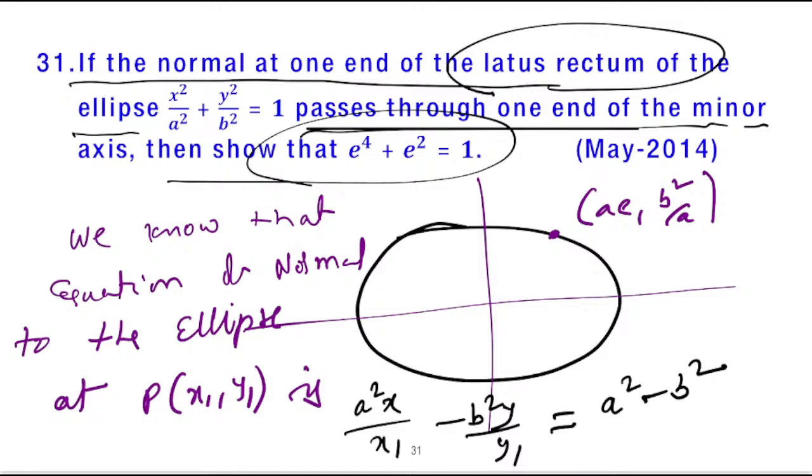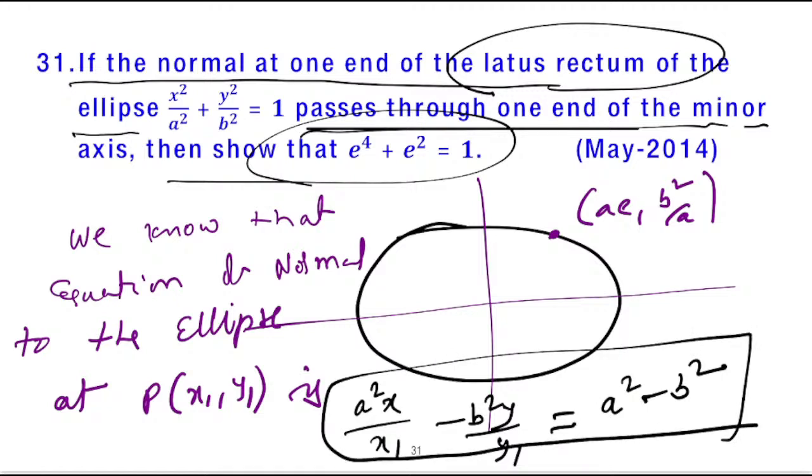Remember this beautiful thing. Keep this in the box. Equation of normal. Right, my dear?